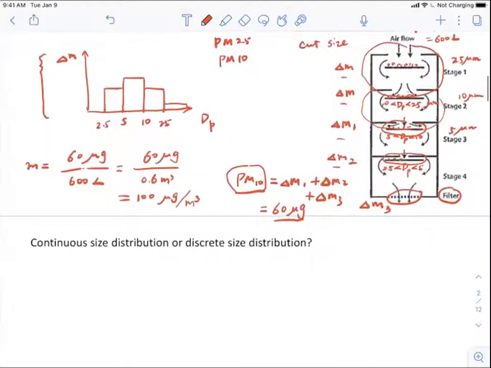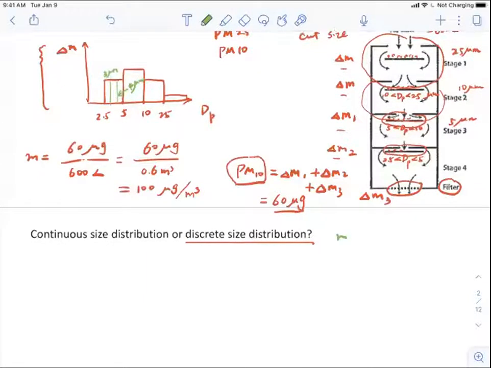We call this type of size distribution a discrete size distribution. By discrete, what I mean is that it seems to show that the concentration of particles of 3 micron and 4 micrometer are the same, right? With this discrete size distribution, that means the mass concentration of the 3 micrometer particle is the same as the mass concentration of the 4 micrometer particle.